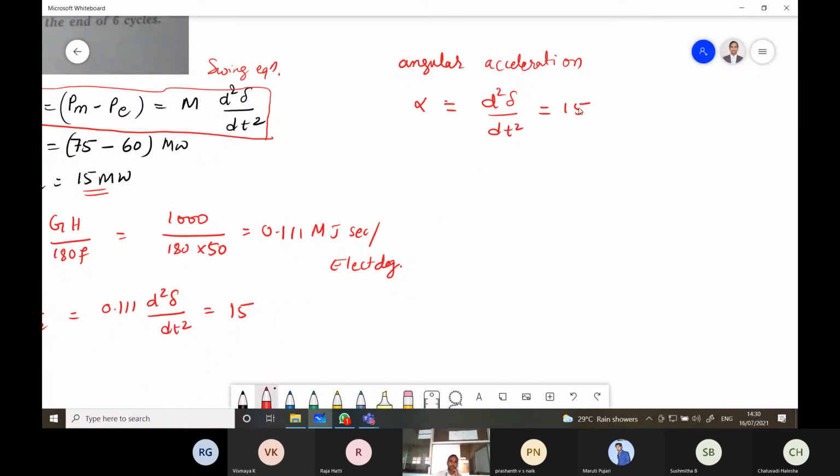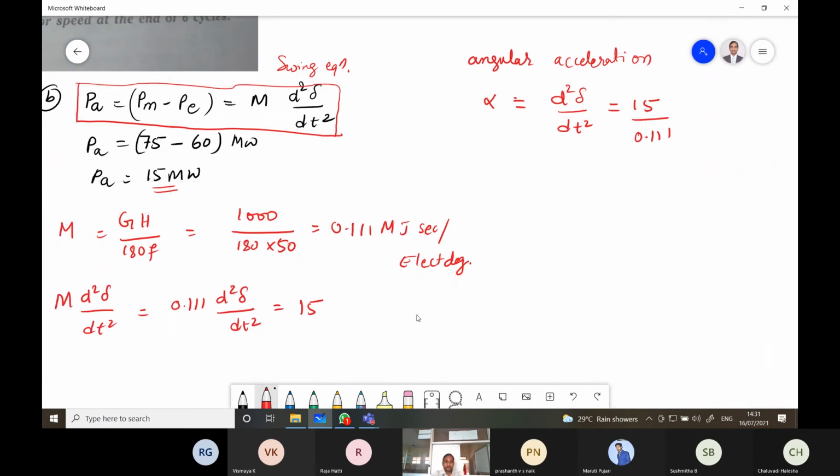Since M into d square delta by dt square is 0.11 into d square delta by dt square equals 15, the unknown value is d square delta by dt square, so taking 0.11 to the other side, alpha equals 15 divided by 0.11.